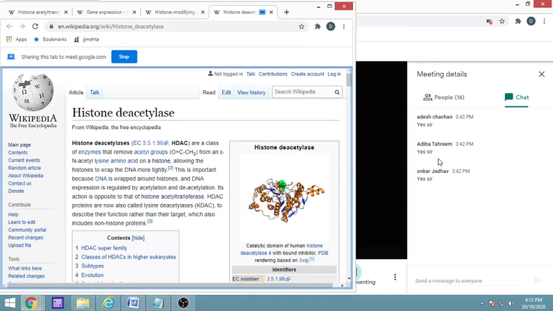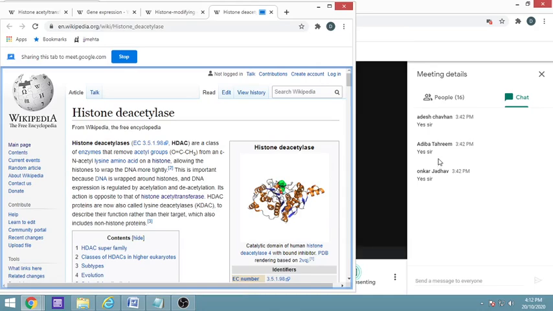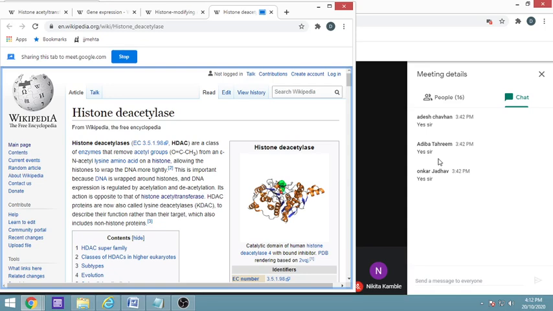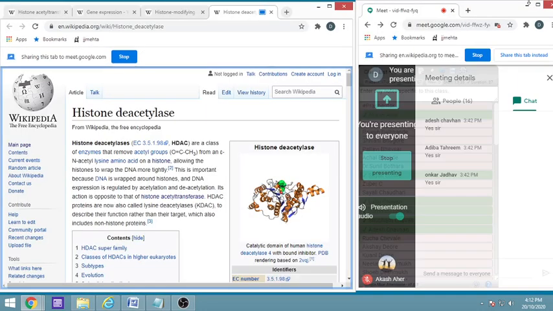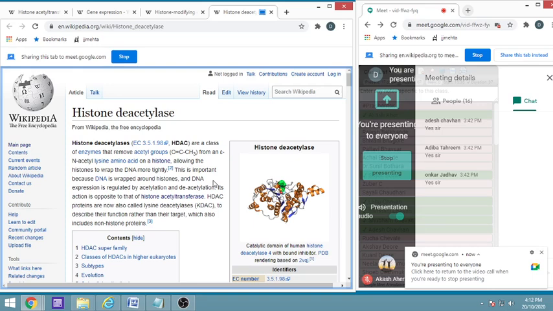These are again another thing, abbreviated popularly as HDACs, and as we have seen the role of acetylation, this is the reverse of that. They too have many families and superfamilies.